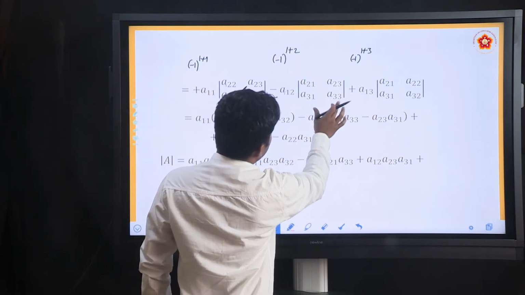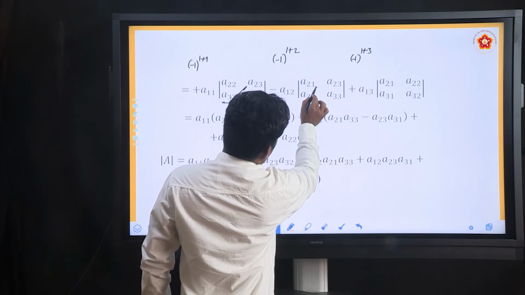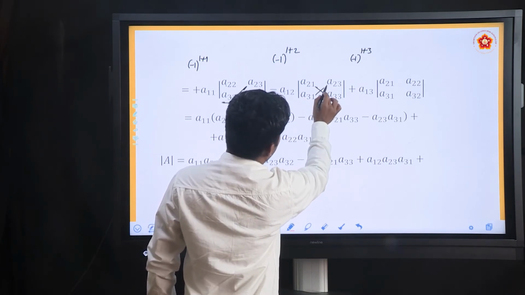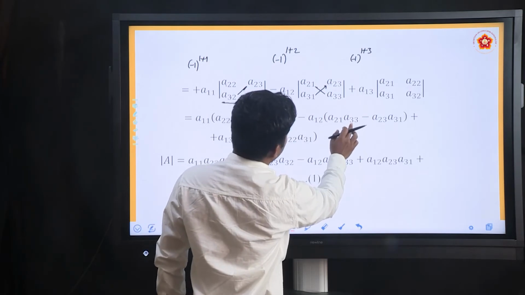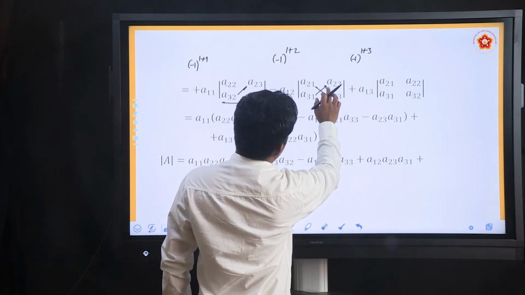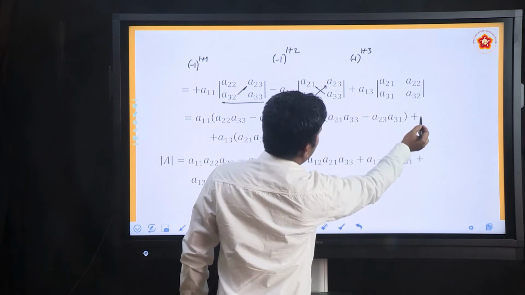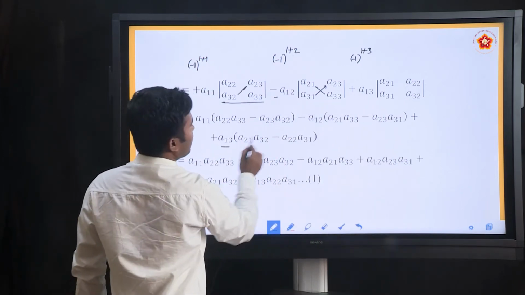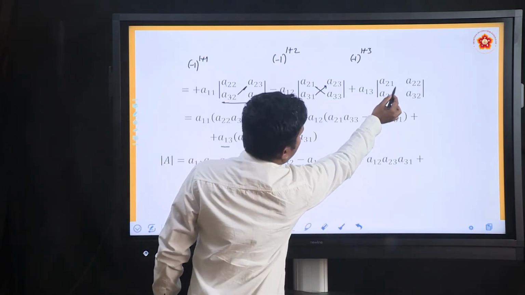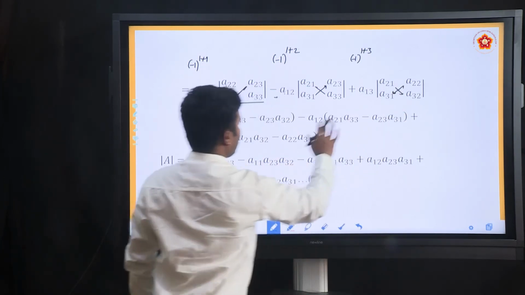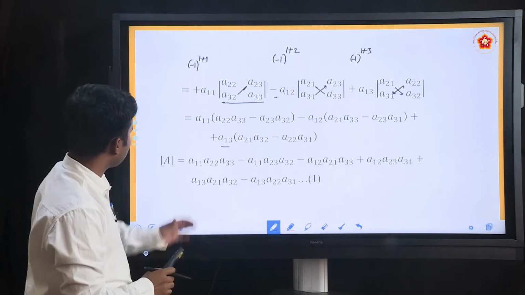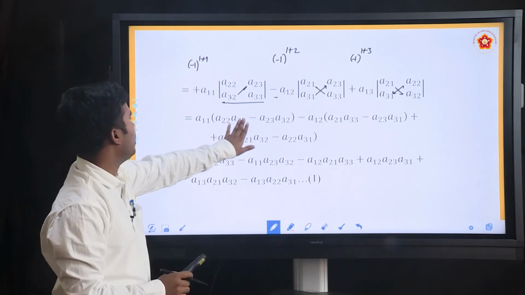So minus, similarly you can expand this, this into this minus this into this. See, A21 into A33 minus A23 into A31, plus A13 of A21, you just multiply this and you just multiply this. So this is how we are going to have. Next, you just multiply A11 to this one.